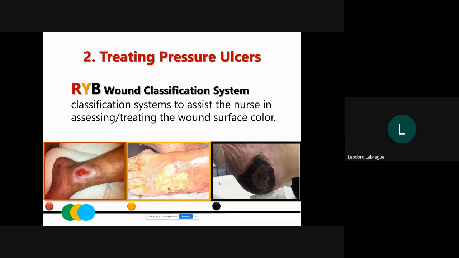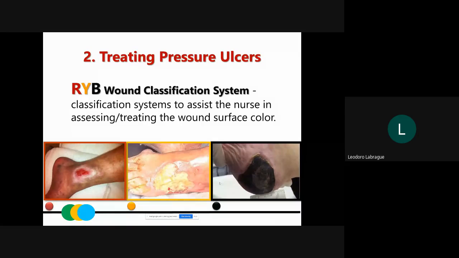Again, the RYB wound classification system will guide nurses in providing a specific treatment for a pressure ulcer by just observing the color of the wound.